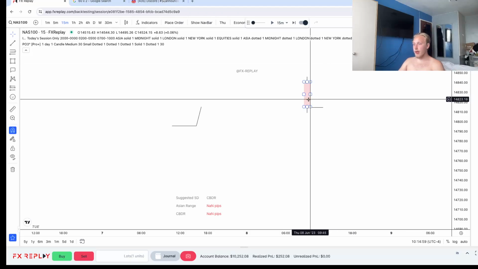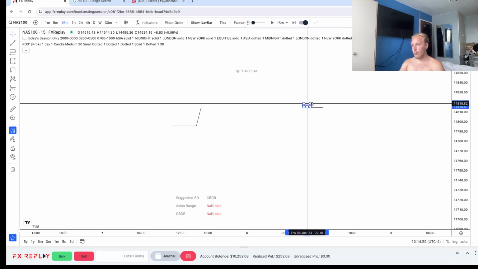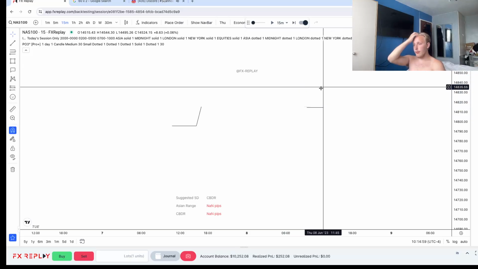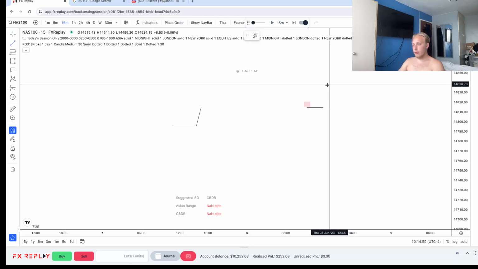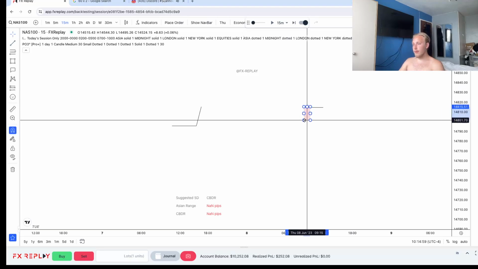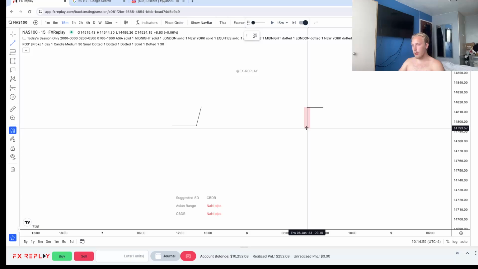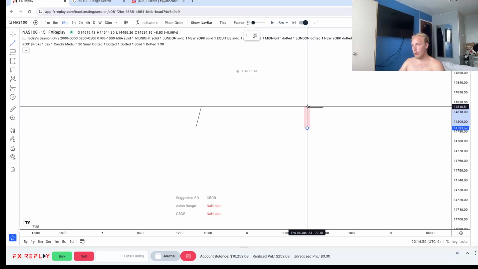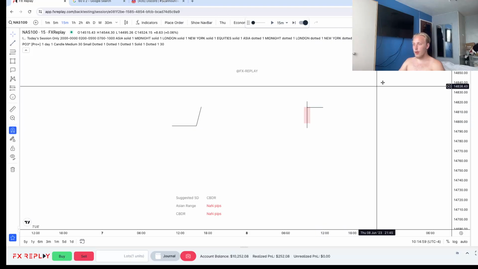So on a bearish day, it's the same. We need a high of the day for then price to move in the opposite direction, to then make a low of the day, to then close around the low.